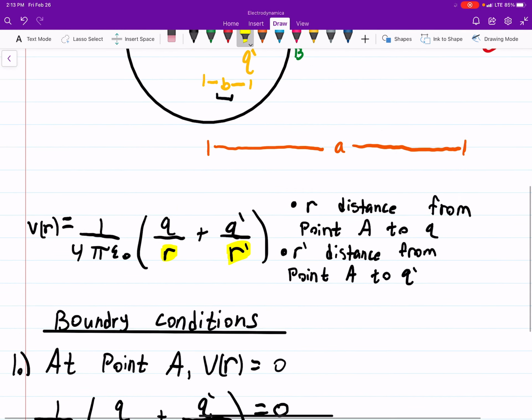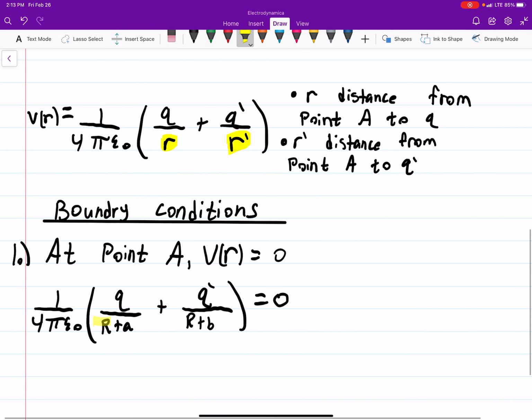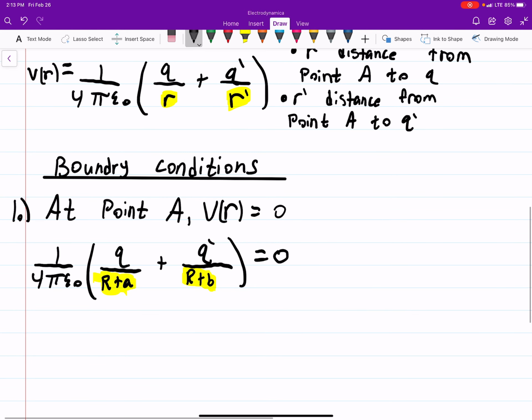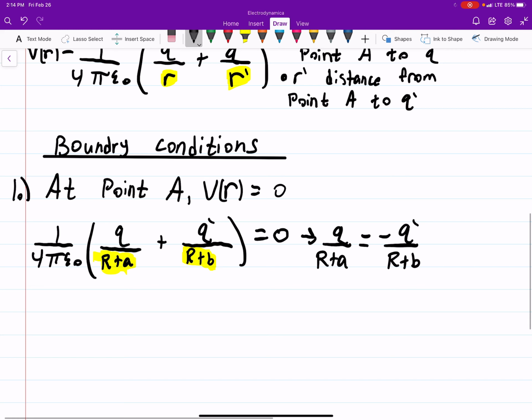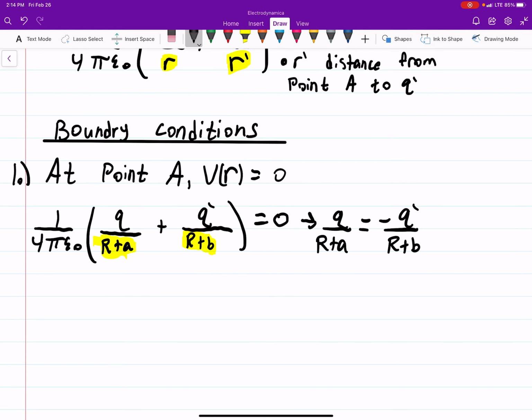And hopefully you can see what those values are, and I just substituted them into here. And I'm applying the boundary conditions that the potential has to be 0 there. Okay? Well, what does that mean? That means that obviously I can multiply by 4 pi epsilon naught, and I could say Q over R plus A is equal to negative Q prime over R plus B. So I just subtracted the imaginary charge over R plus B over.